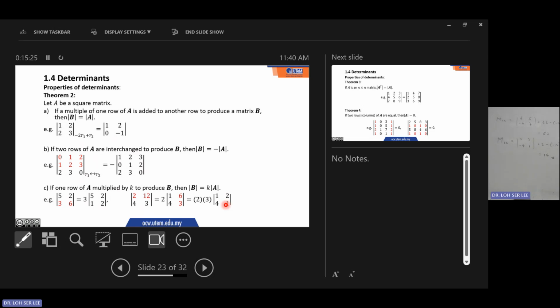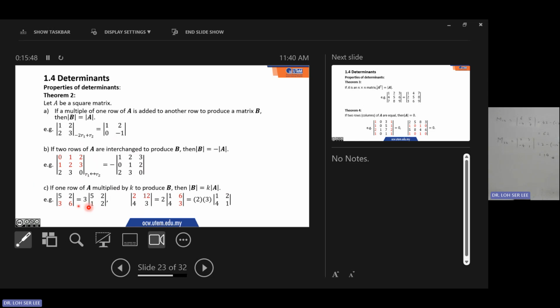We want to use this row operation to find the determinant because when you have a very huge order of matrix, it is impossible for you to use the cofactor expansion.